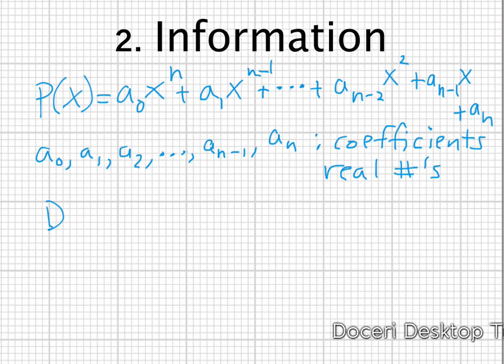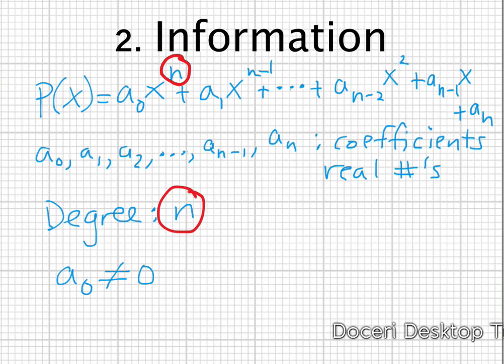The degree of the function is whatever your n is. So you'll notice I have n here and n here. Whatever your highest power is, that's the degree of your function. The other thing you want to notice is a sub 0 cannot equal 0.